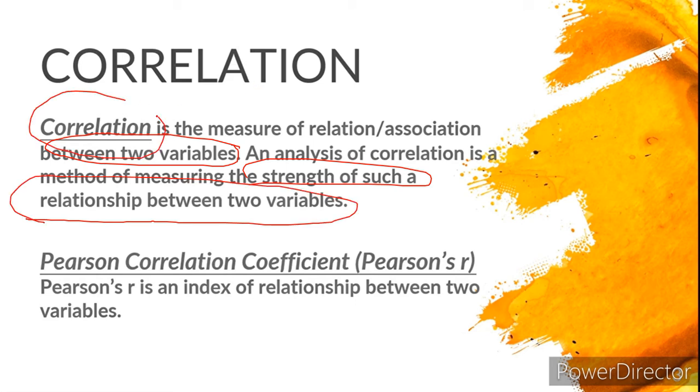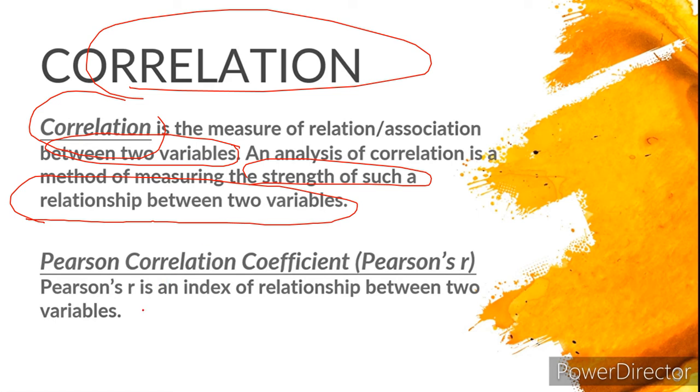Again, correlation, relasyon ng dalawang variables, and there is a corresponding analysis of that certain two variables, parang strong, positive, negative. Mamaya makikita ninyo kung ano yung mga measuring the strength. So, may weakness, may strong, ganyan. We have here the Pearson correlation coefficient.